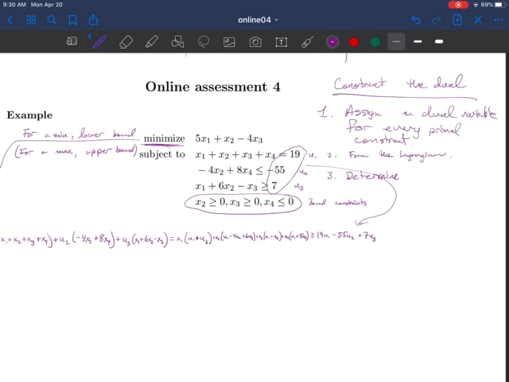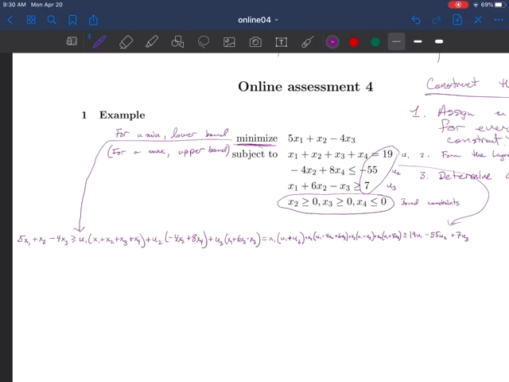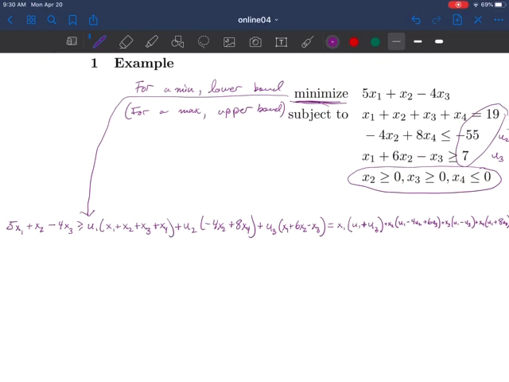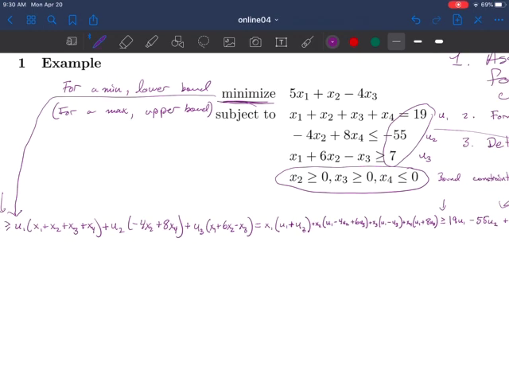Let's do the bounds first. So now, in step 3, I'm going to determine the dual bounds. The idea here is that this Lagrangian inequalities, this greater or equal to over here, and this greater or equal to over here need to be maintained. And I wrote out this inner equality because it helps us understand how the bounds and then the constraints, which will be step 4, are constrained.